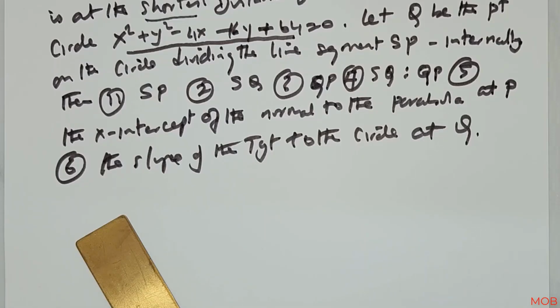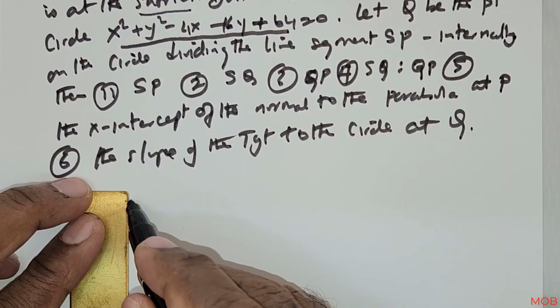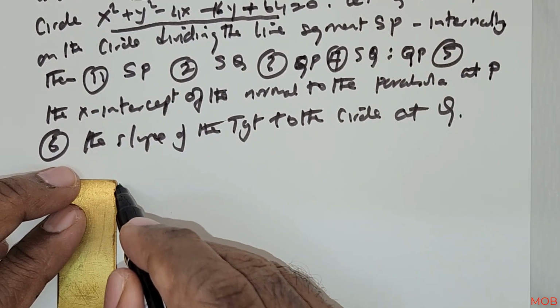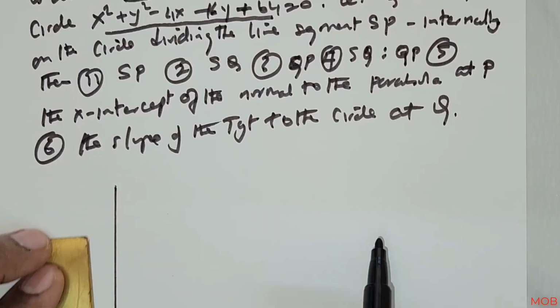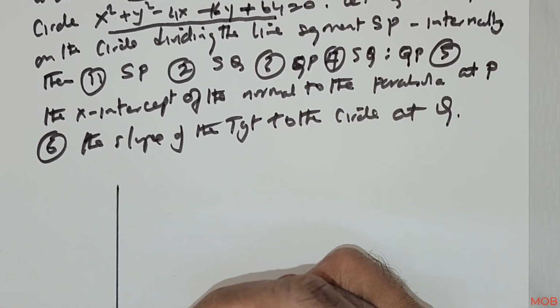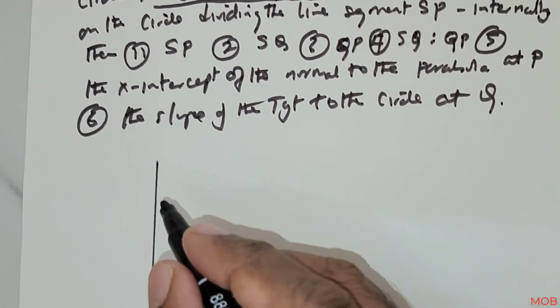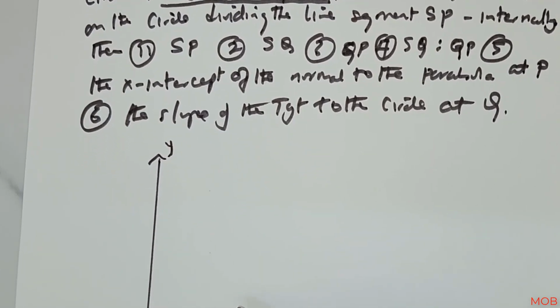So we have the x and y axis. So this is the x-axis, this is the y-axis.